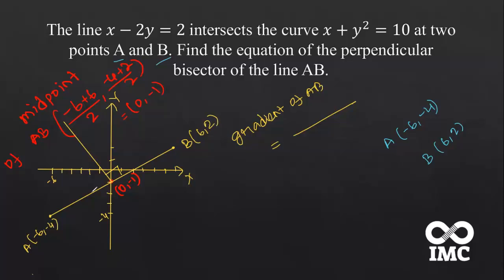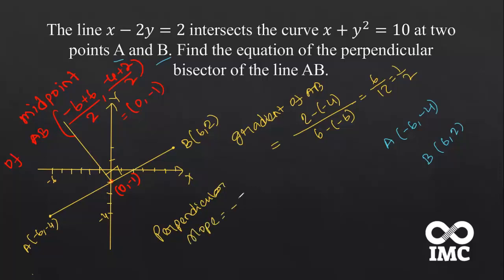So 2 minus minus 4, divided by 6 minus minus 6. 2 plus 4 is 6, 6 plus 6 is 12, so it will be 1 by 2. If I want to find the perpendicular bisector, the gradient of the perpendicular line will be the negative reciprocal of the gradient of AB. So the perpendicular gradient will be minus 2, the negative reciprocal of 1 by 2.